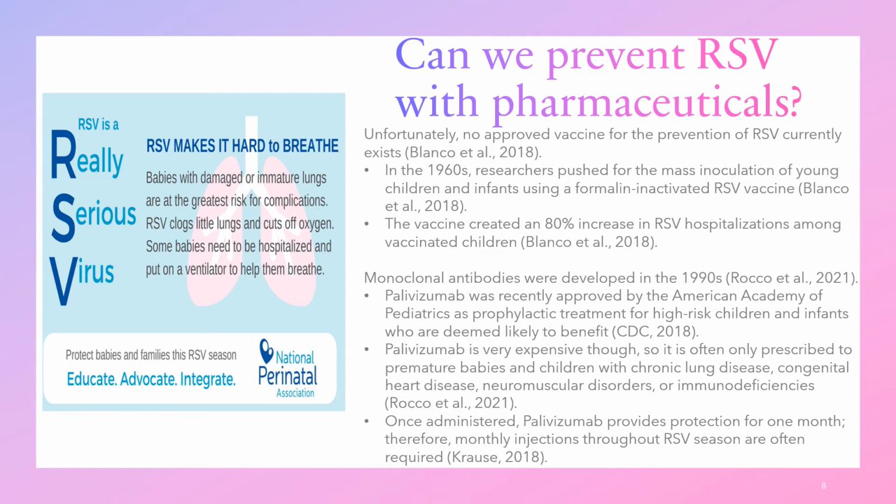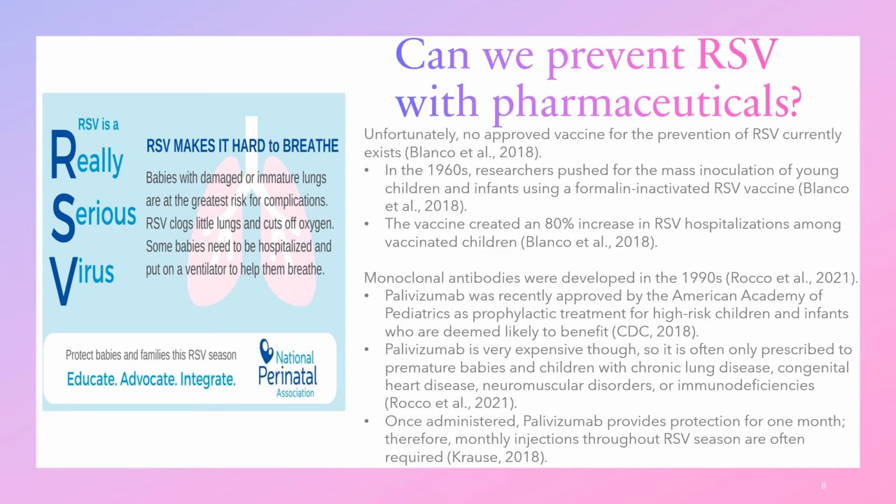Monoclonal antibodies were developed in the 1990s. Palivizumab was recently approved by the American Academy of Pediatrics as prophylactic treatment for high-risk children and infants who are deemed likely to benefit.